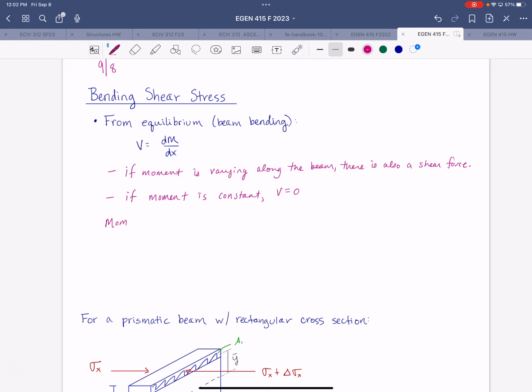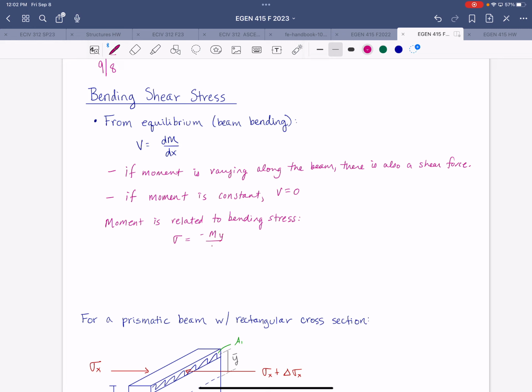And as we know, moment is related to bending stress. All right, we went through this last time.